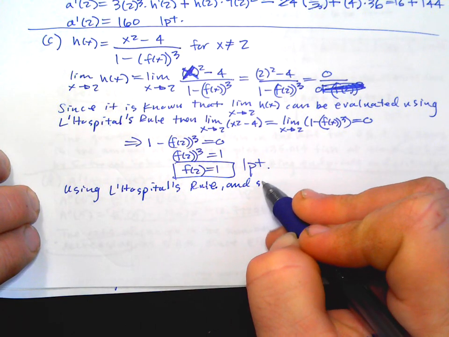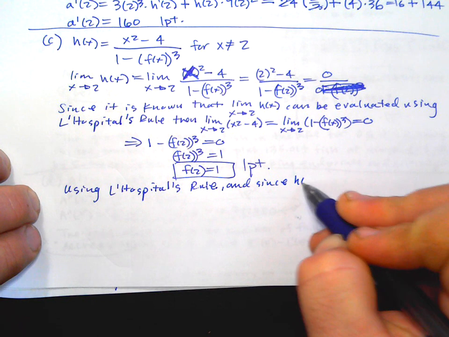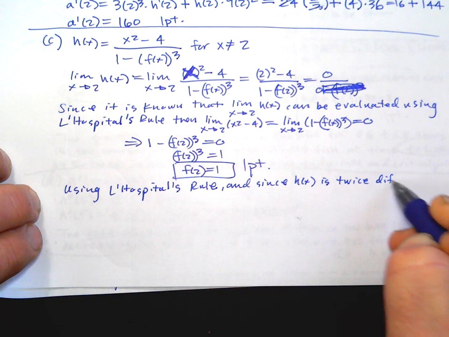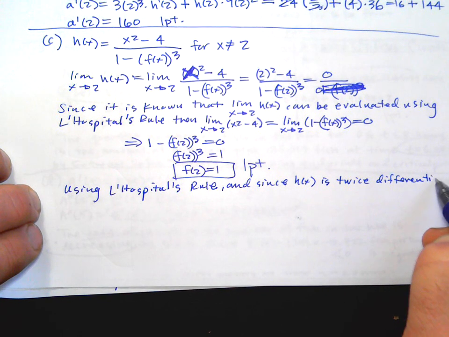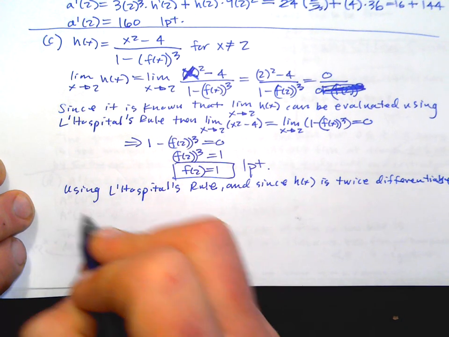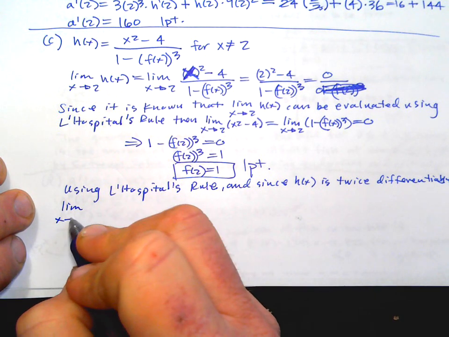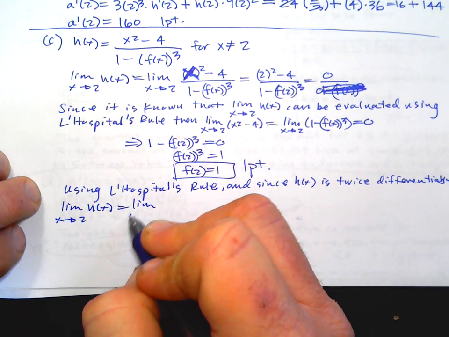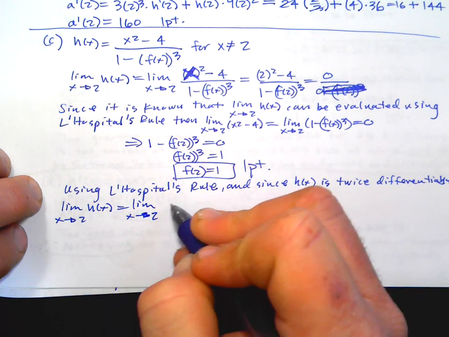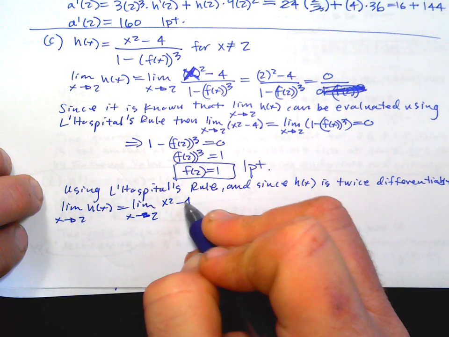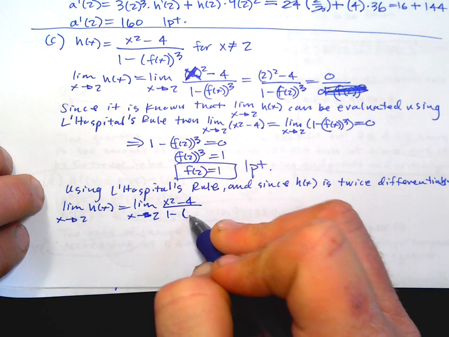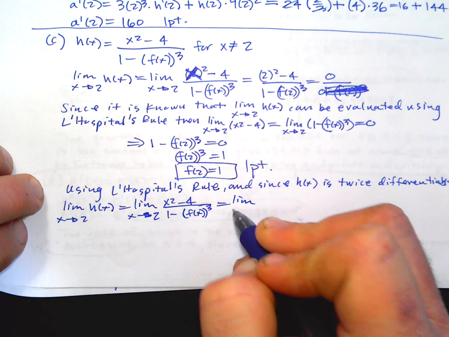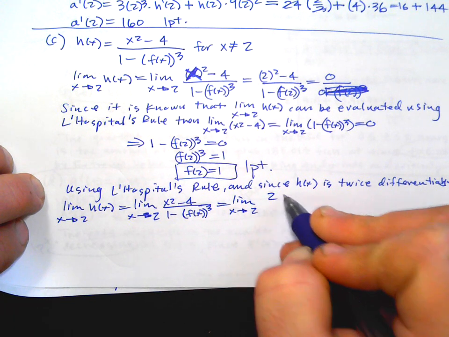And since h of x is twice differentiable, then the limit as x approaches 2 of h of x, which equals the limit as x approaches 2 of x squared minus 4 over 1 minus parentheses f of x cubed, then it's going to directly equal the limit as x approaches 2 of the derivative of the top over the derivative of the bottom.